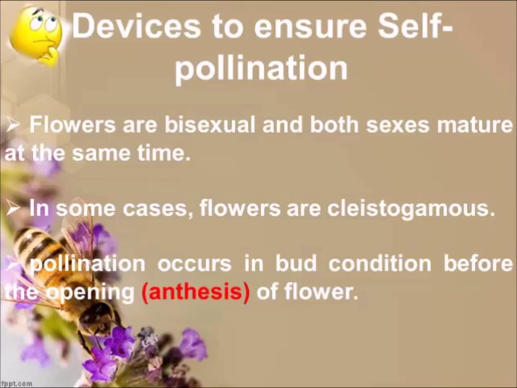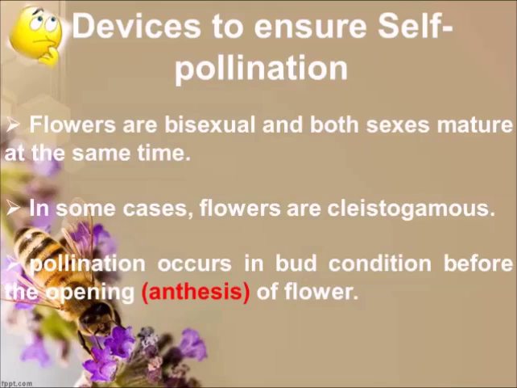Now, after learning the basics of self-pollination, that is autogamy and Geitonogamy, you must be wondering how self-pollination is guaranteed or ensured in plants, or what enables self-pollination. So let's quickly review the devices that ensure self-pollination in plants.